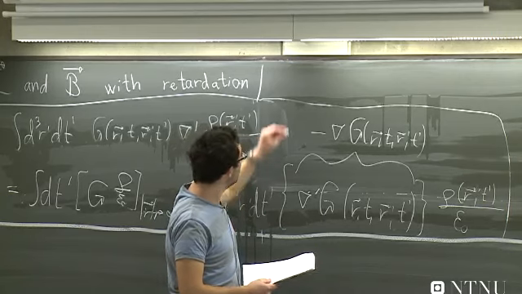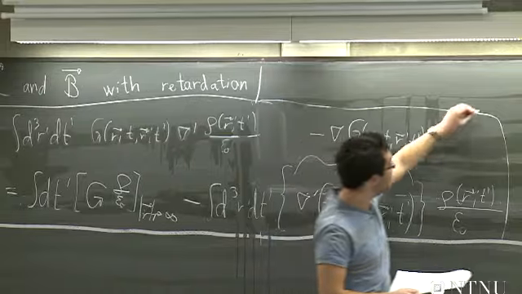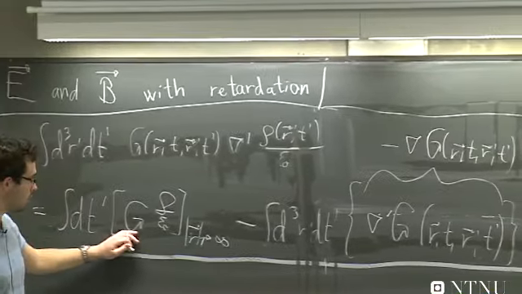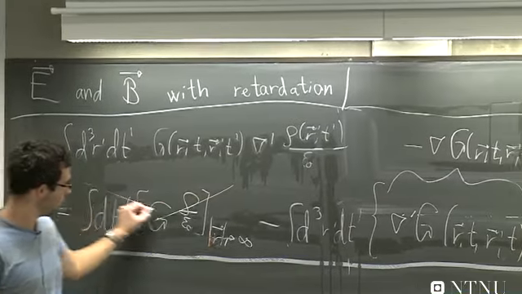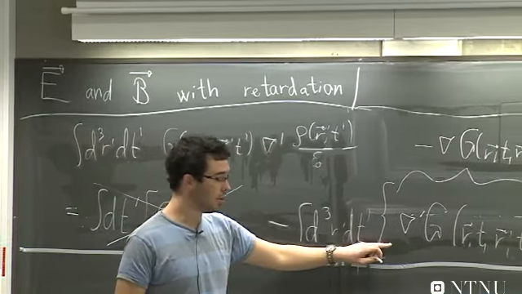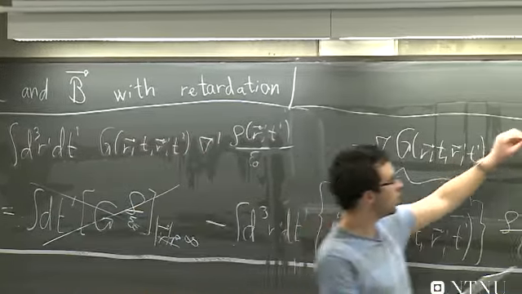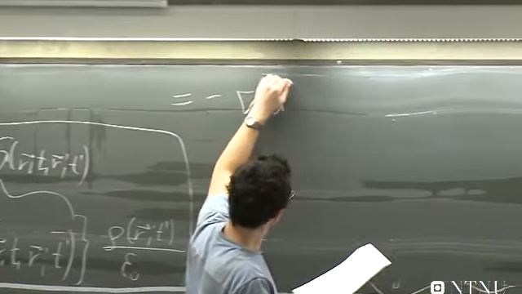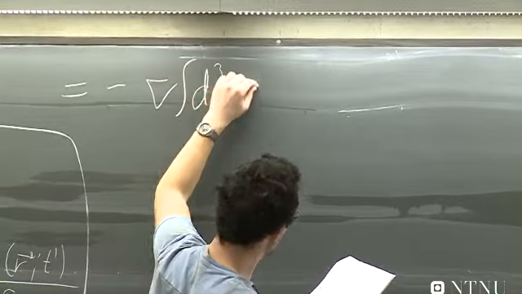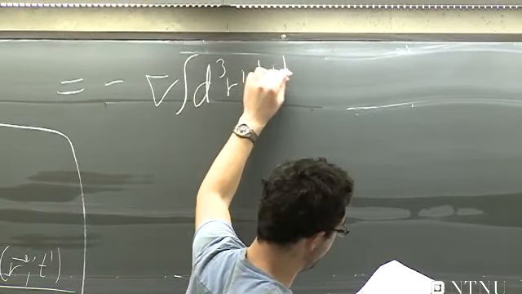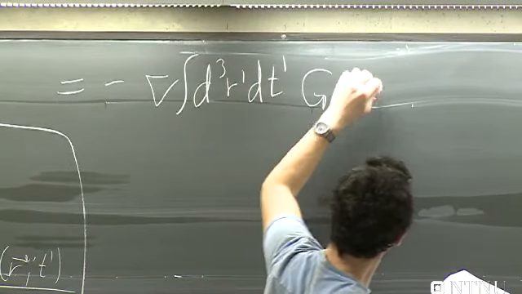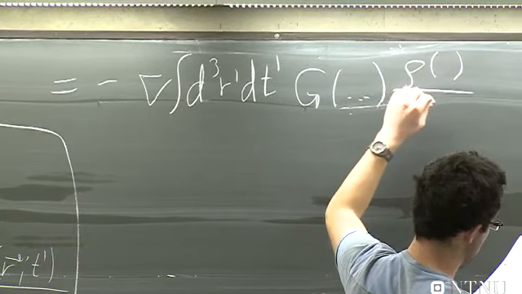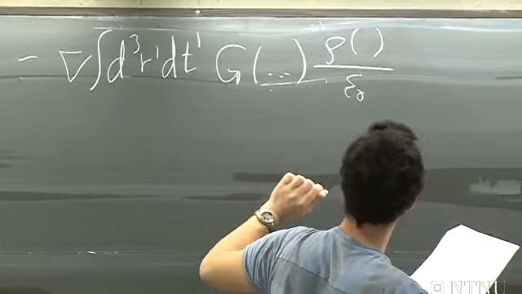So we get that this big integral, well, this term vanishes, and in this integral, take the nabla outside, so I get minus nabla integral of d3 r prime dt prime, G of everything, rho of time and space over epsilon naught.